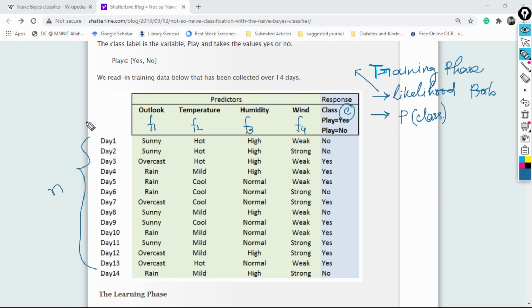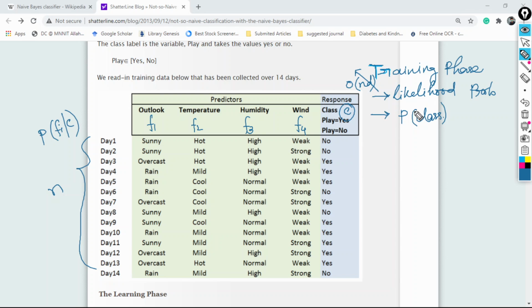Okay, so for the likelihood, for a given class label C, we have to pass through each data point. To calculate the likelihood probability, we pass through each data point, and we calculate the probability of feature 1. Similarly for feature 2, feature 3 and feature 4, so we are passing through N data points for D features, order of ND.